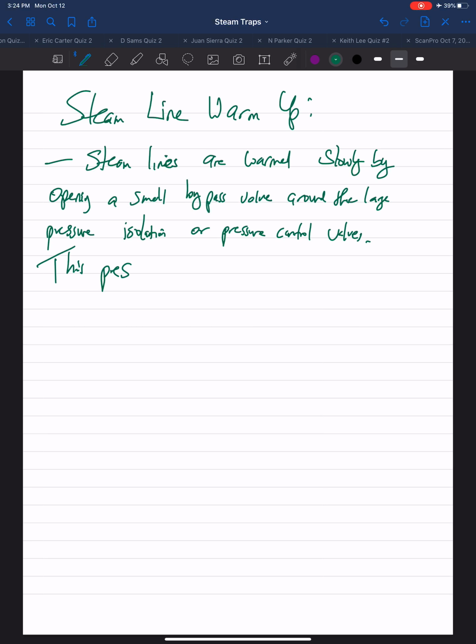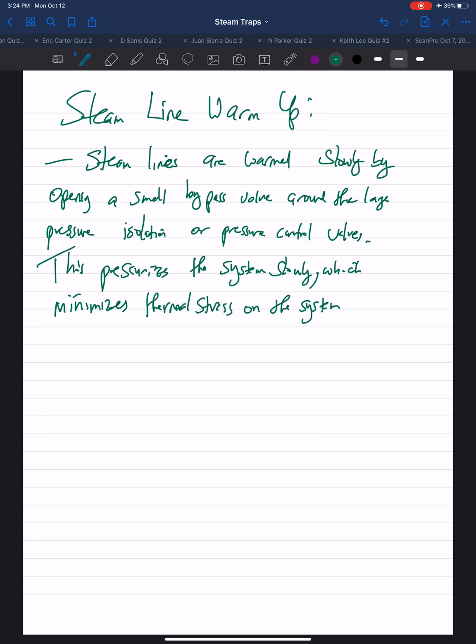This pressurizes the system slowly, which minimizes thermal stress on the system by raising the temperature slowly.